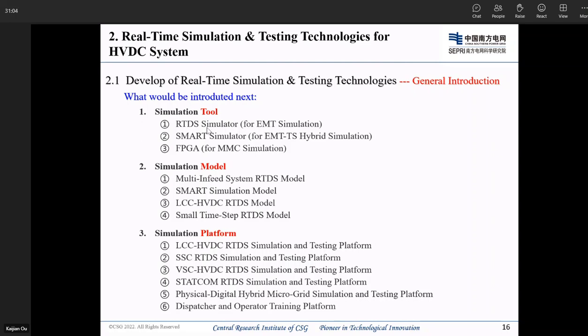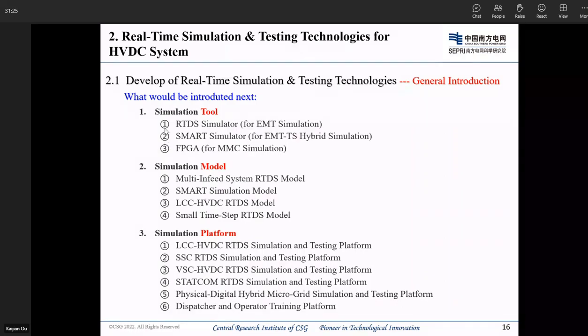They include RTDS for EMT real-time simulation, or SMART for EMT and TS hybrid simulation, and also FPGA for MMC simulation. These are the three kinds of real-time simulation tools I will introduce.